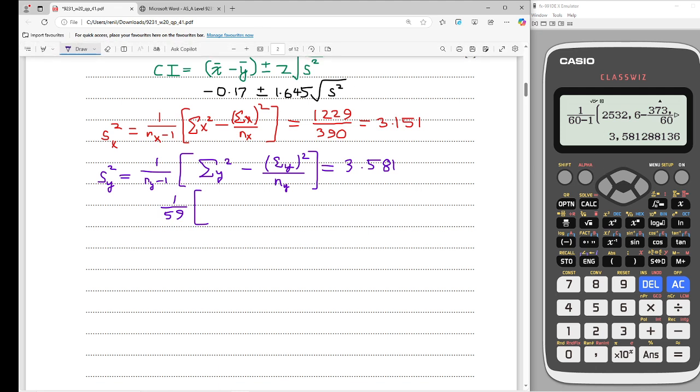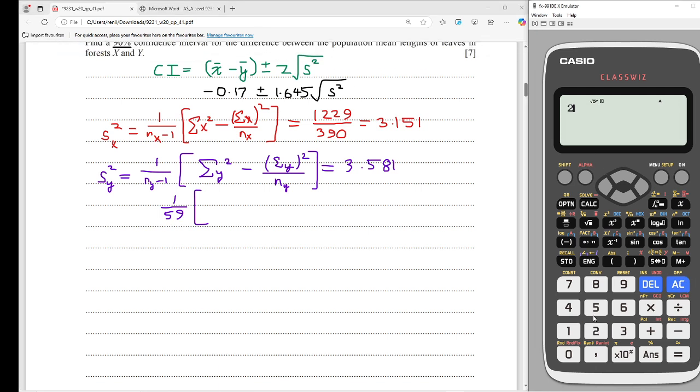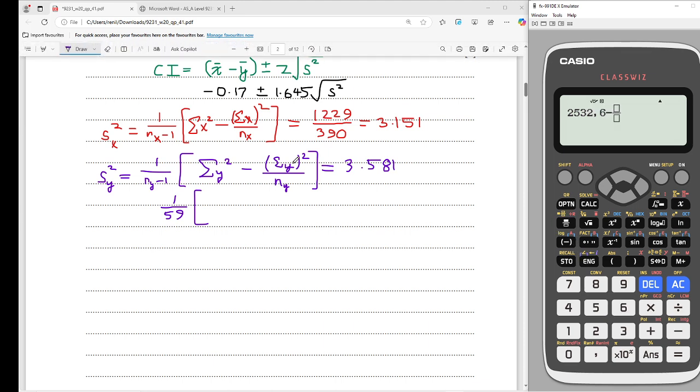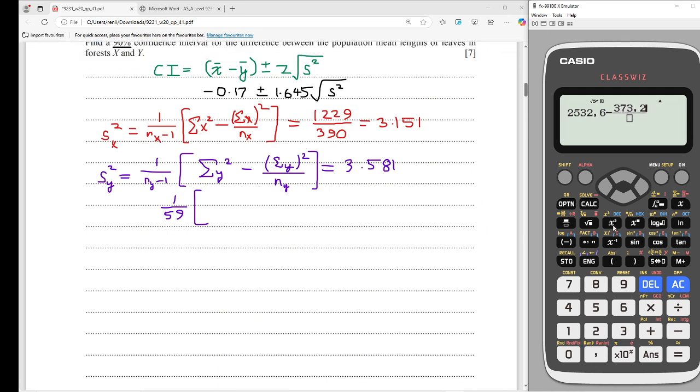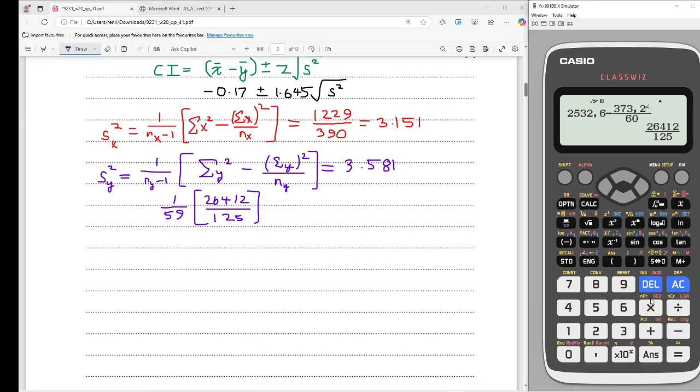So let's just calculate the value inside the bracket, which is 2532.6 minus the sum of y whole squared, which is 373.2 whole squared, whole divided by the number of terms of y, which is 60. We get our fractional form 26412 whole divided by 125. We get what's inside the bracket, and we just multiply that by 1 by 59.